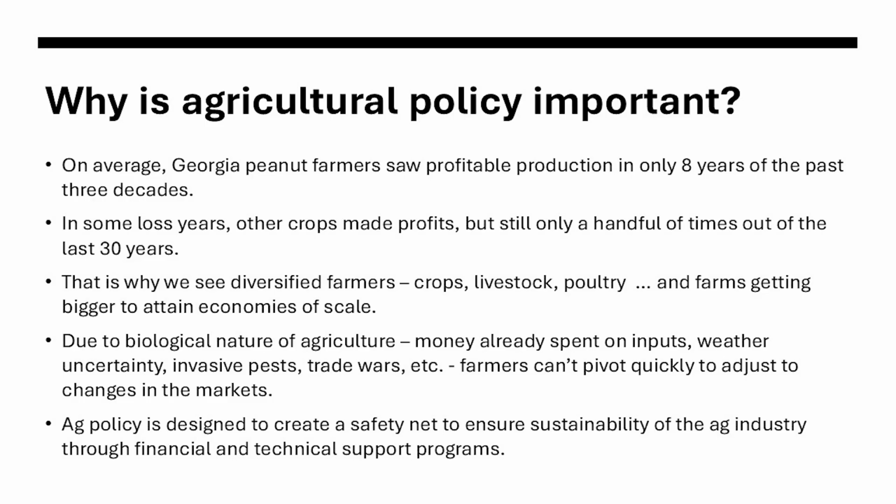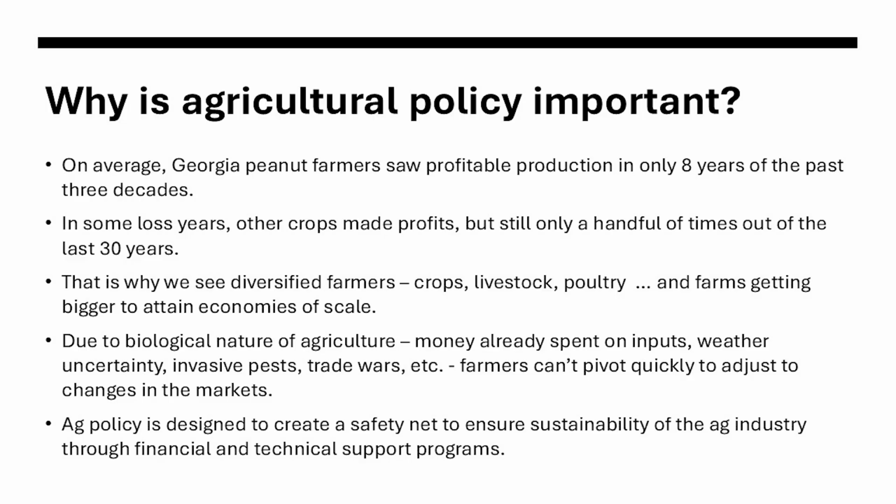All right, so showing why ag policy is important. Thinking back the past 3 decades, we've had 8 periods where, for peanut producers, and this is for Georgia and Alabama farmers specifically, and again, based only on USDA's actual cost of production data, only 8 periods where they saw a positive value of production less total costs.